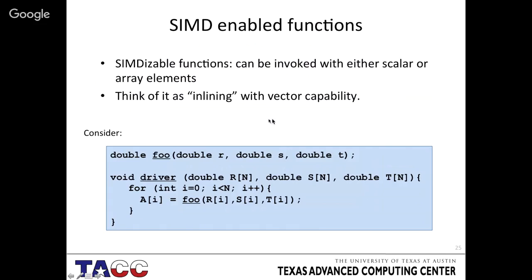So the other thing is that compilers try to inline, and sometimes they do not do a good job of inlining and then vectorizing the loops. What you can do is specify with OpenMP that you want that function to be inline as a vectorizable function.